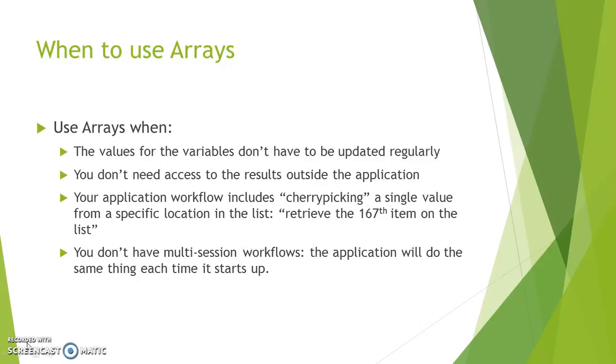So when your application doesn't need to review every single value that's produced, but rather needs to pick a value from the list, from a position in the list. For example, retrieve the 167th item on the list. Then it can be effective to use an array. And finally, arrays are useful when you don't have multi-session workflows. That is, you shut down the application and you can let it forget about everything that's been done.